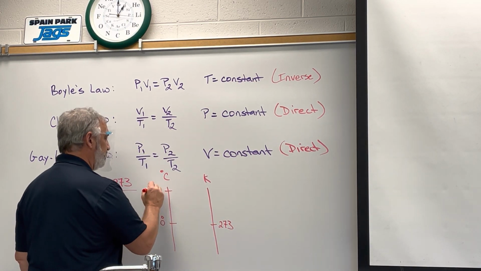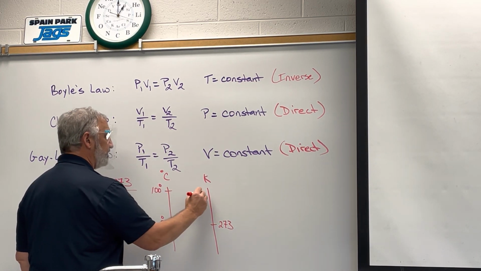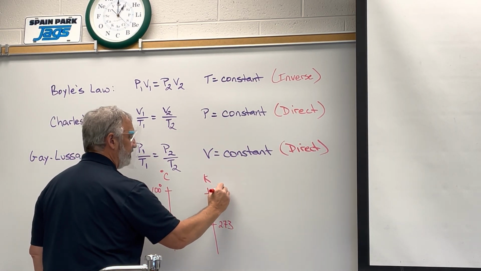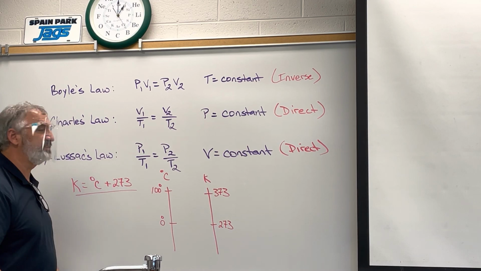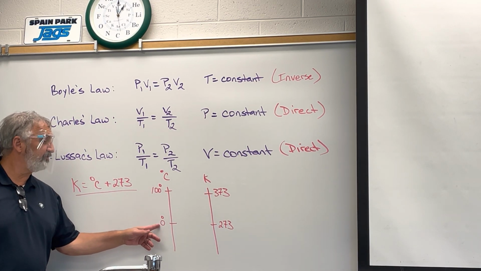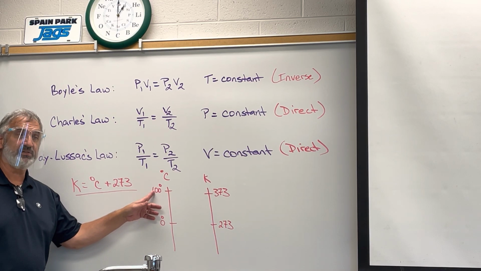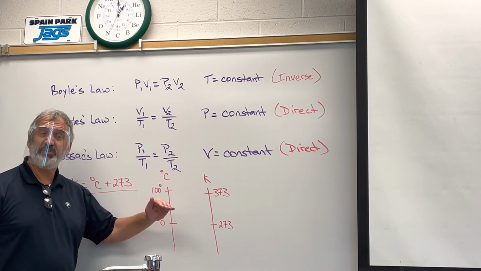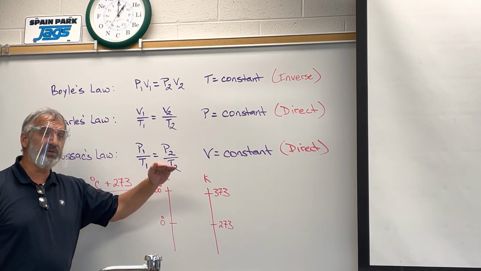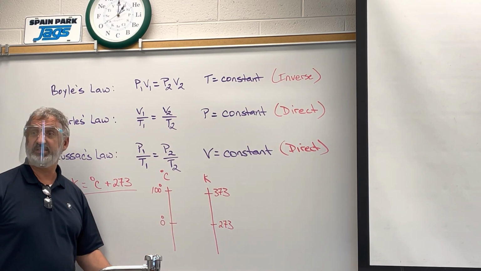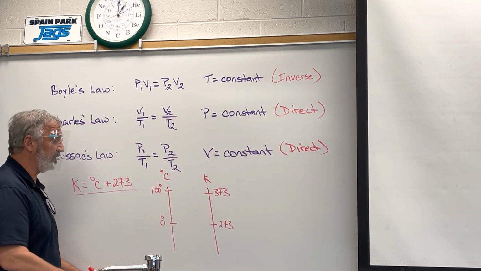So 100 degrees is going to be 373. So what's the difference in a degree? How many divisions are there between freezing point, boiling point on Celsius? What about on Kelvin? 100. So what about the difference between 1 degree Celsius and 1 Kelvin? They're exactly the same. It's just the 0 point.